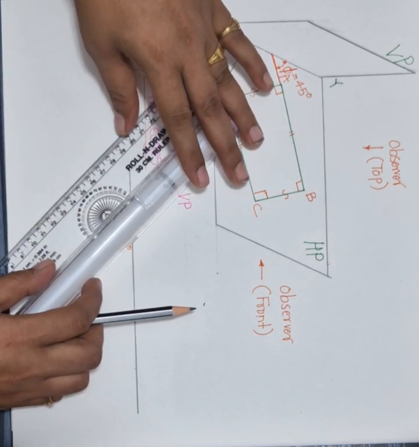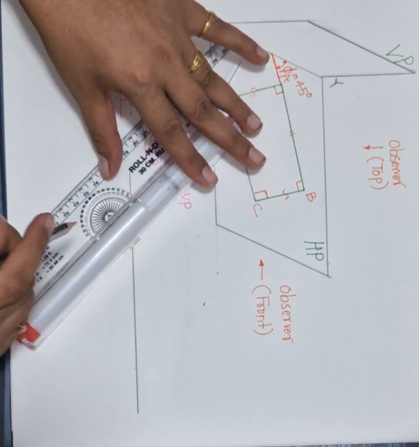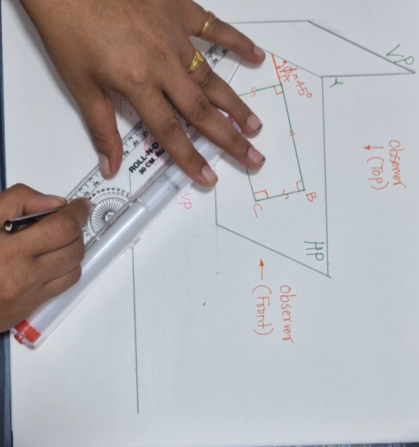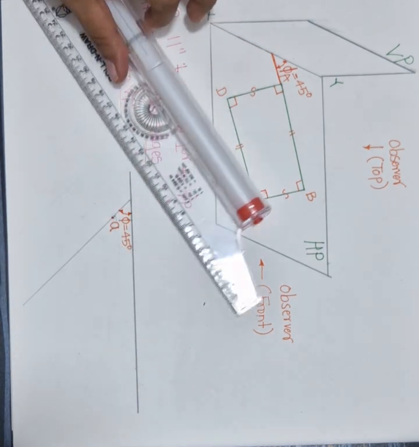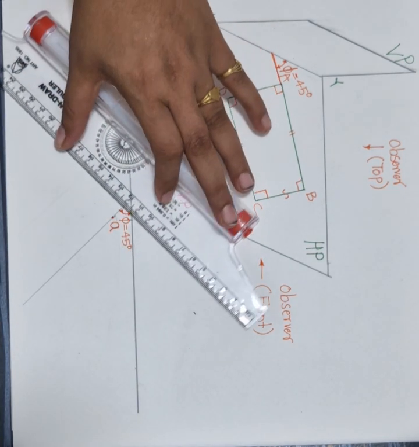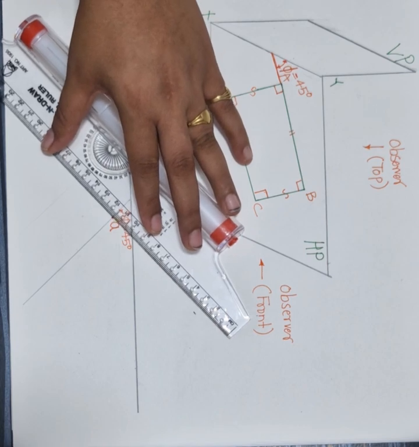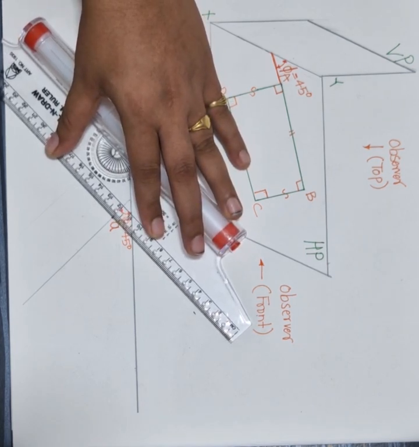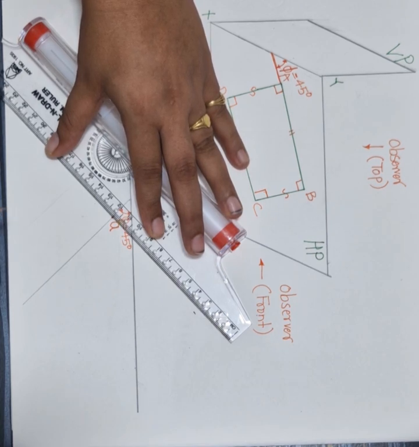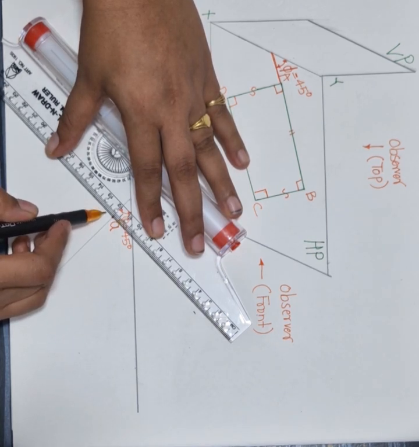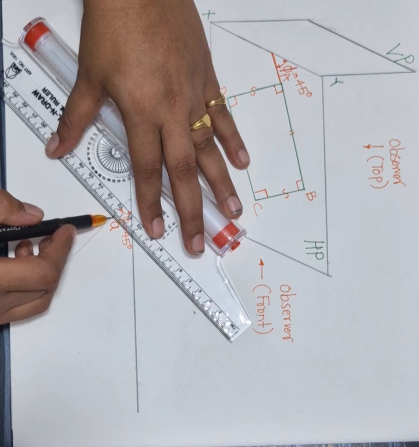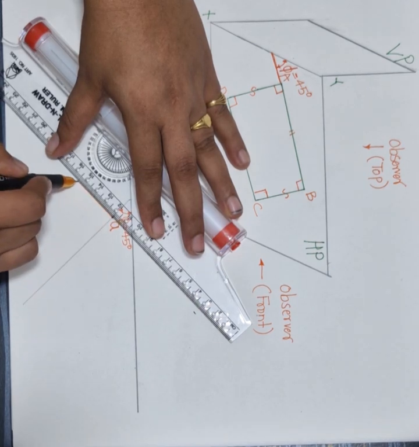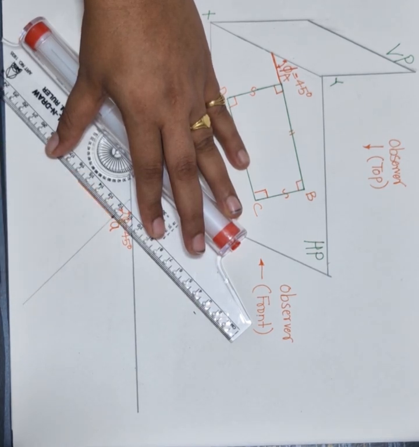So here we are going to draw 90 degree. On this 90 degree, let's place a shorter length.